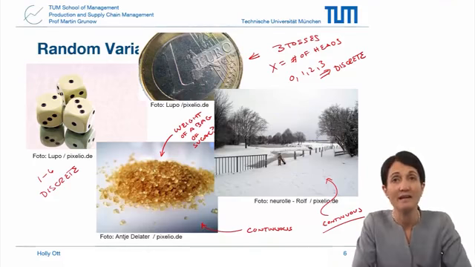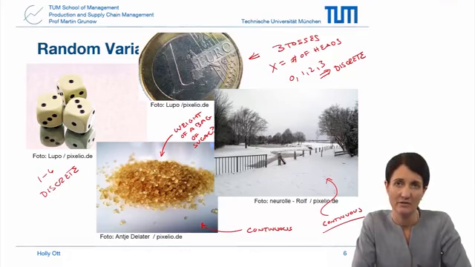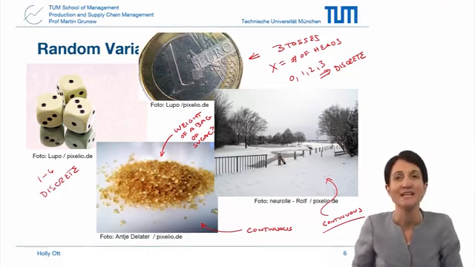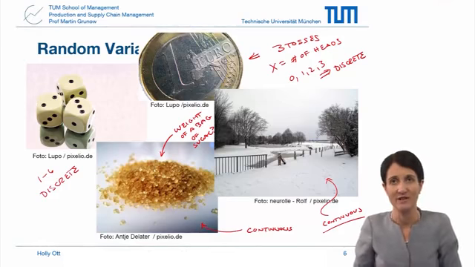Life of a car battery in hours. If you're counting by hours, 1 hour, 2 hours, that would be discrete. But if you're talking about the life of a car battery, then that could take almost any value. That could go down to seconds, picoseconds. The number of bad products in a sample of 20, though. There you're counting the number of bad products, which we do a lot in quality engineering. That's a discrete random variable.